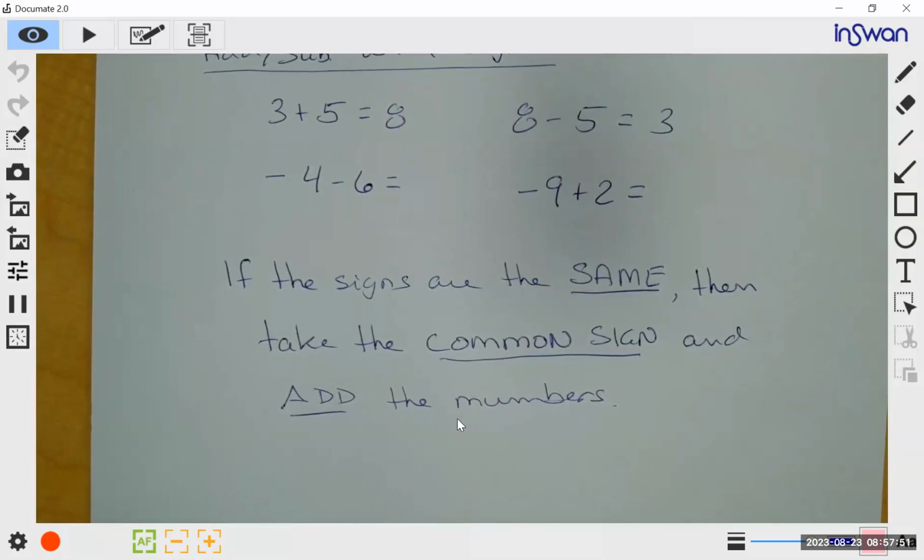If the signs are the same, take the common sign, that's what your answer is going to be, that sign, and then add the numbers.